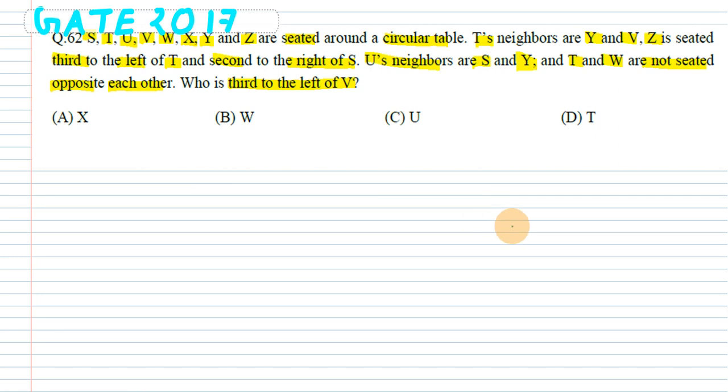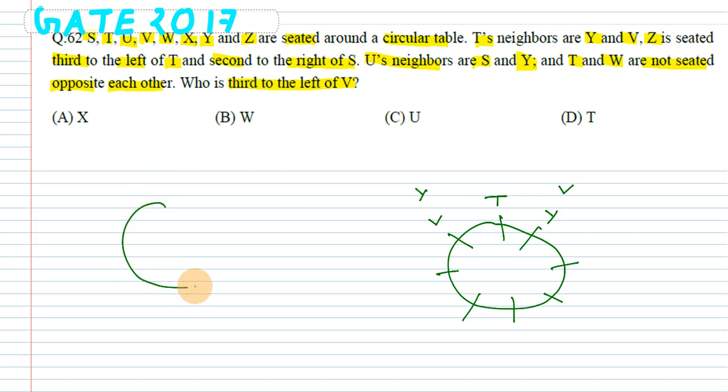They have given a circular table in which there are 8 people sitting. Suppose these are the seats, 1 to 8. The first statement says T's neighbors are Y and V. Suppose this is T and the neighbors are Y and V. There is one possibility where V can be here and Y can be here, so we will take both possibilities simultaneously.